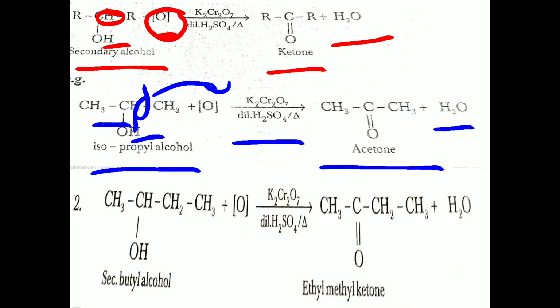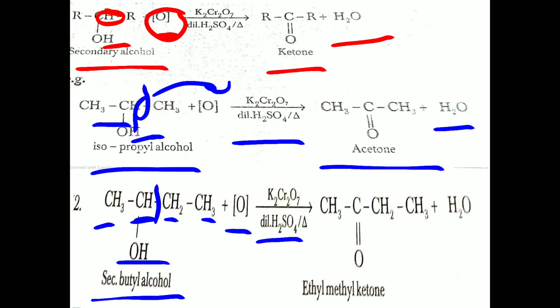Now the second one is CH3CHOHCH2CH3. As there is the presence of 4 carbon atoms, it is butyl alcohol, and as the OH group is present here, it is secondary butyl alcohol. Again it undergoes oxidation in presence of K2Cr2O7 and dilute H2SO4.